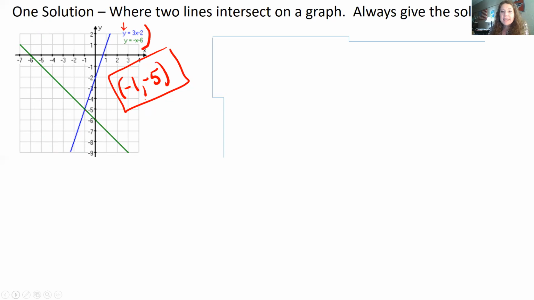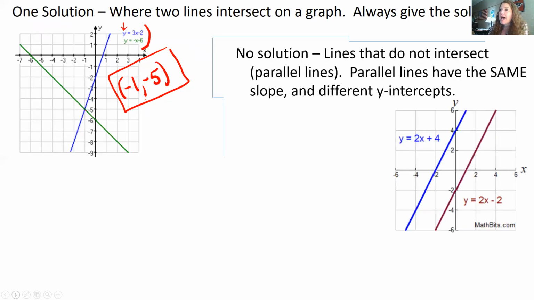All right, so besides getting one solution, I could get no solutions because there are lines that exist that never intersect. What are those lines called that never intersect? Well, you guys know they're parallel lines. Parallel lines will never intersect. And we've talked about parallel lines already. The thing about two parallel lines is they have the exact same slope, right?